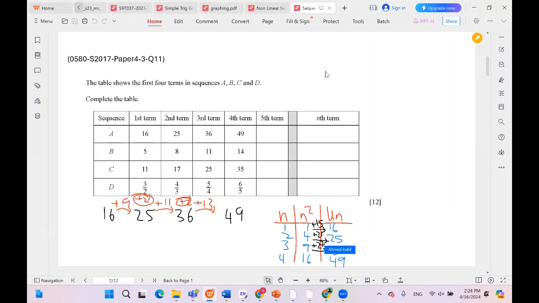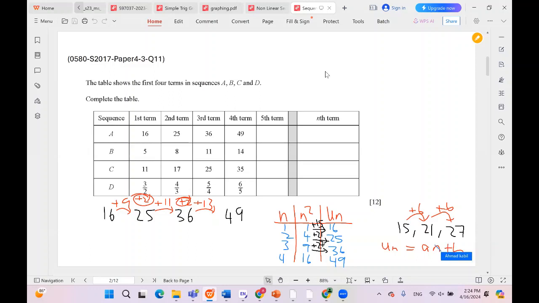So we need to figure out what this sequence is. We have 15, 21, and 27. We can tell here that the sequence is linear. So this is plus 6, and this is plus 6 as well. So un equals an plus b.